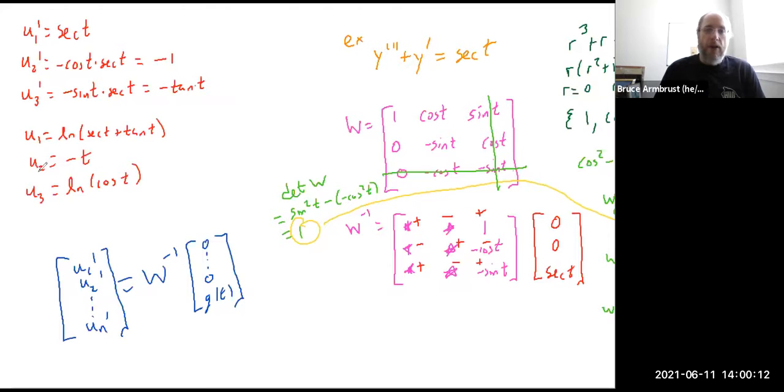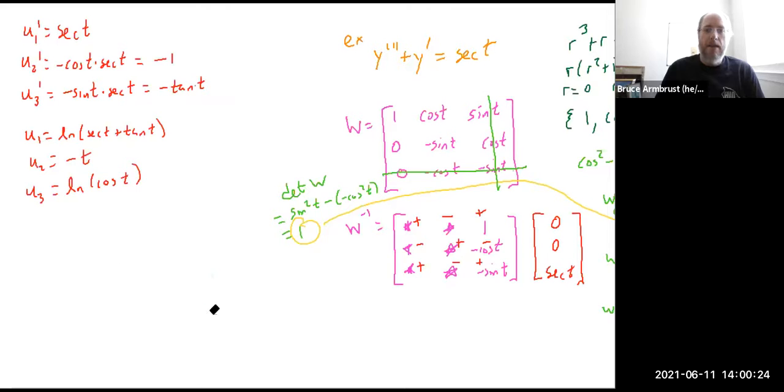All right, so there are our u1, u2, u3. So remember what those were. Those were the integrating factors for our y1, y2, y3 that we're using to build our particular solution.